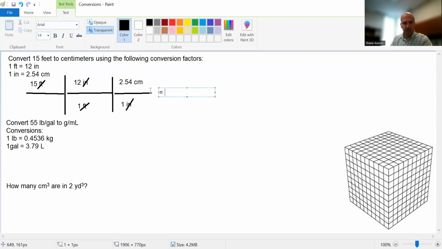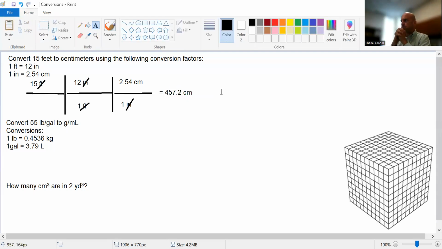So if I put in my calculator 15 times 12, I get 180, then multiplied by the 2.54, and I get 457.2 centimeters. Let me just try it again. Yep, so 457.2 centimeters. And we need to now consider our units, our significant figures.